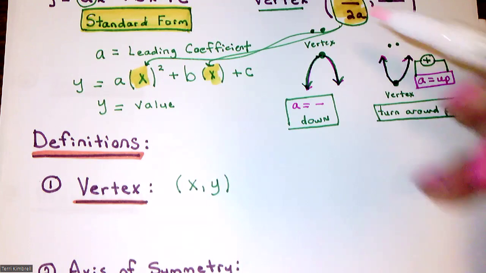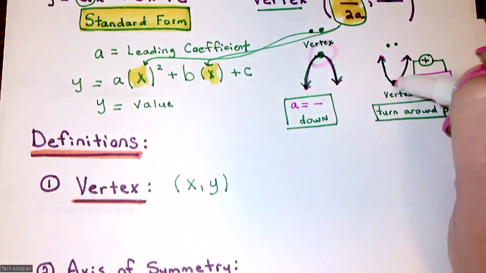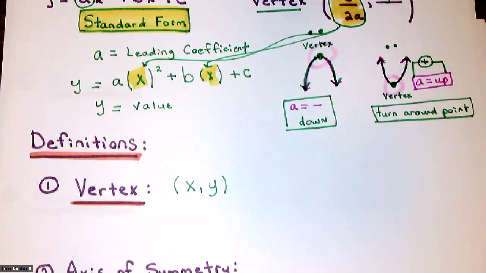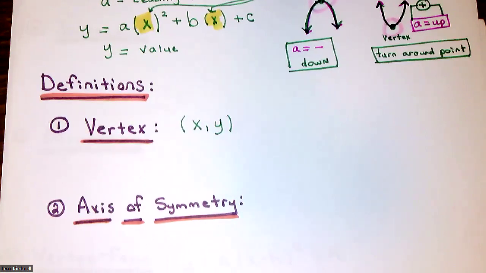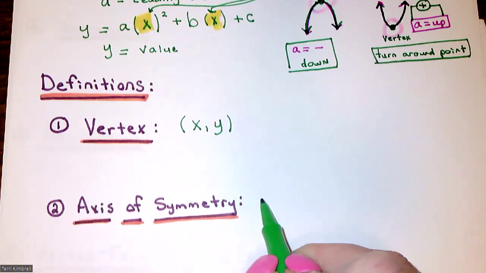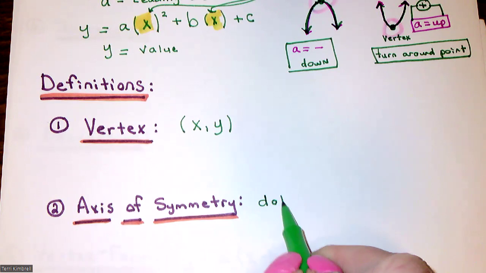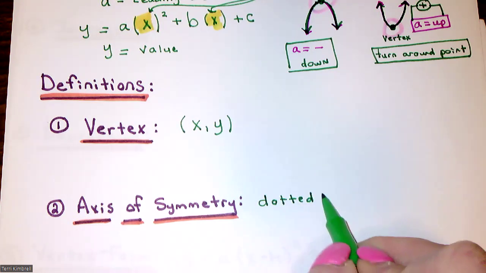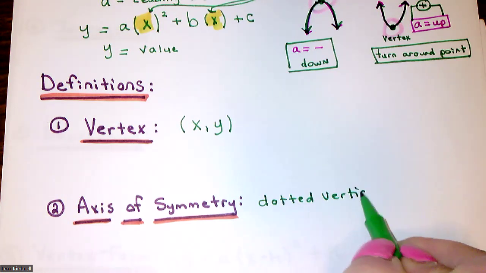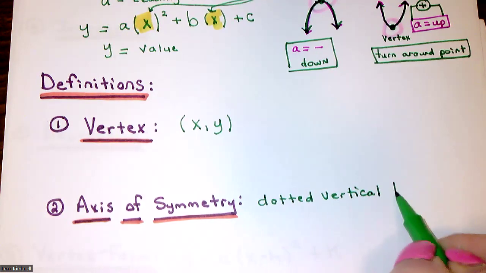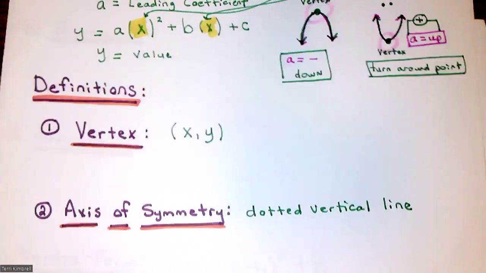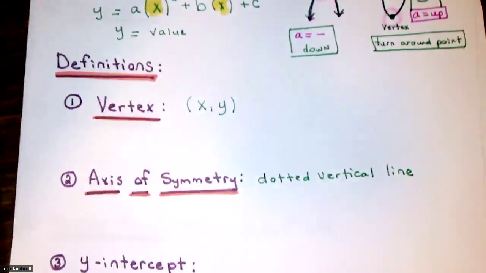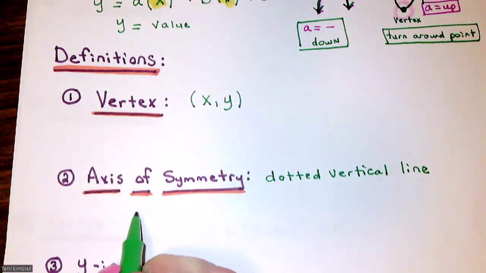So if you go back, this point and this point, those would be your vertices. The axis of symmetry is going to be a dotted vertical line that cuts the parabola in half.